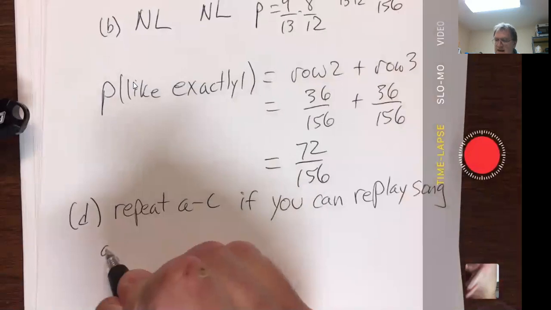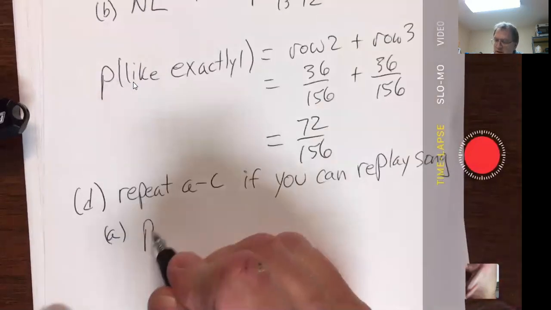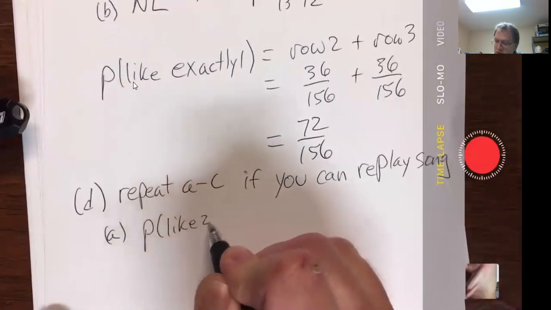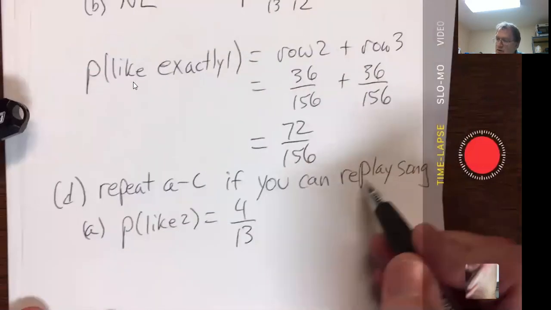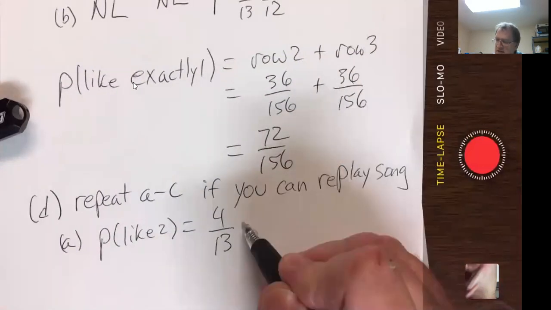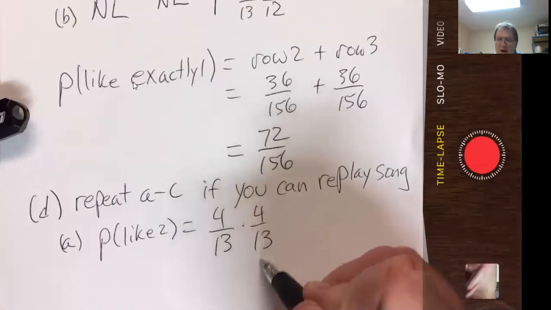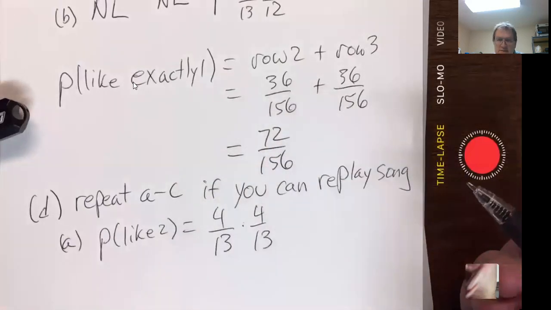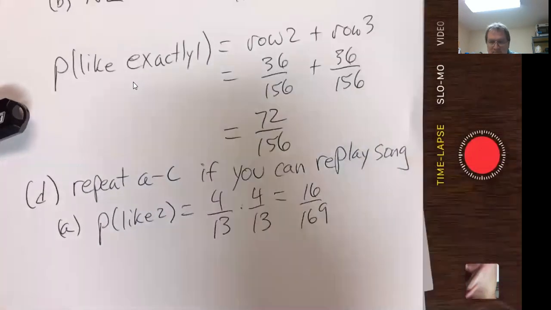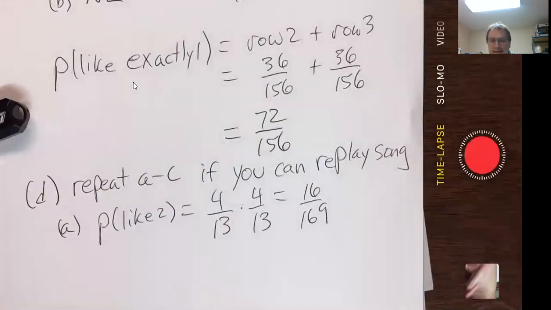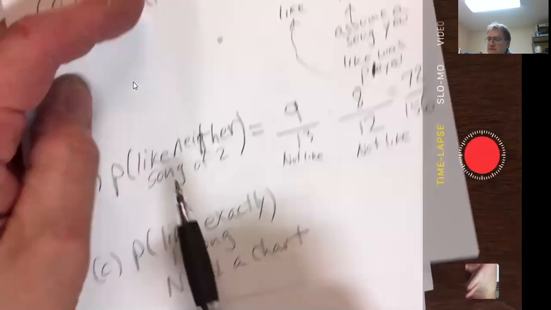So I'll just write down A again. Your probability you like 2, you'd start off with 4 over 13. And if you can replay that song, it stays 4 over 13 on the next track. And you're getting 16 over 169. So that's going to happen all the way through this.